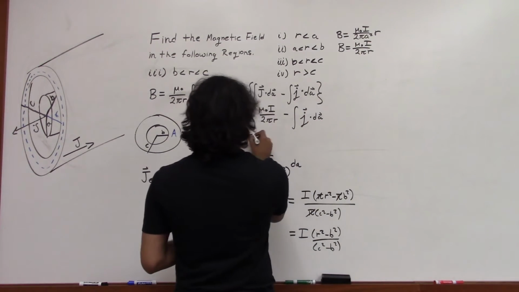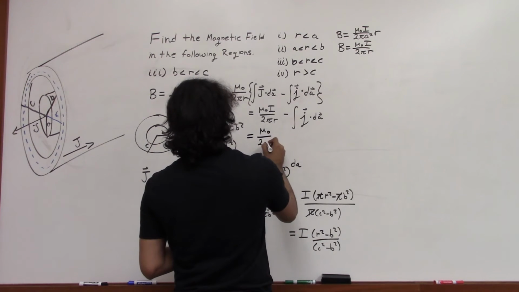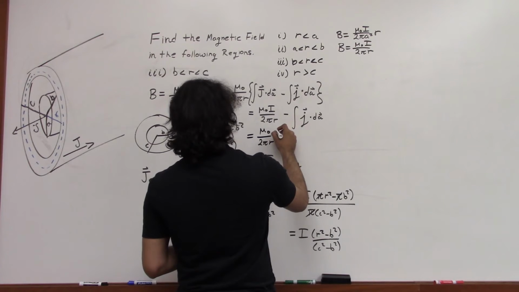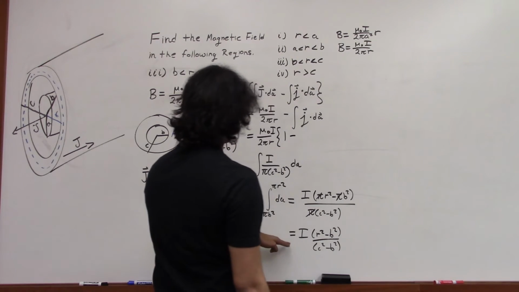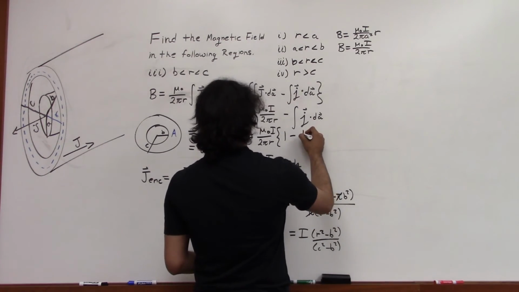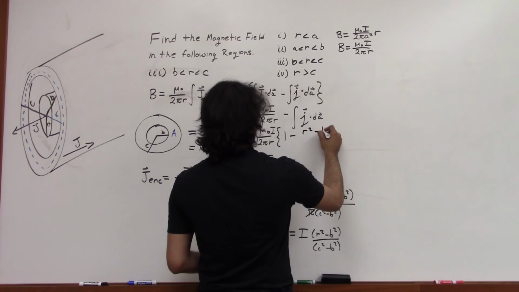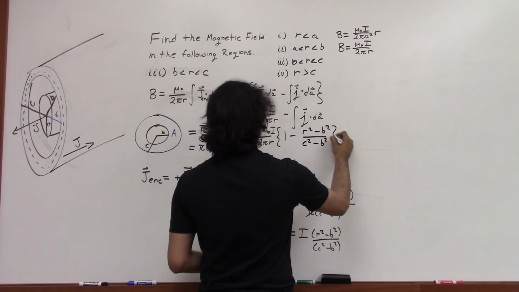and that's going to give us mu naught over 2 pi r. I'll factor out an I. We get a 1 minus all this term, (r squared minus b squared) over (c squared minus b squared).